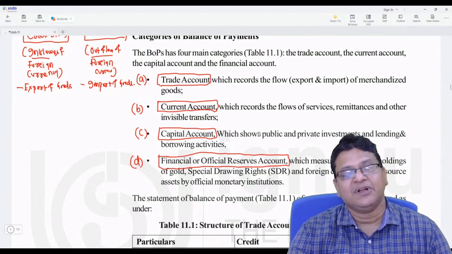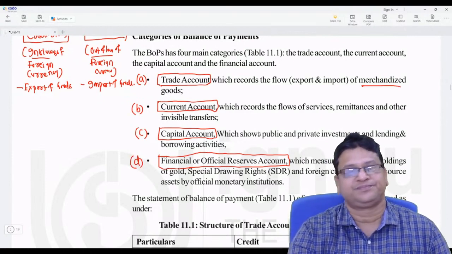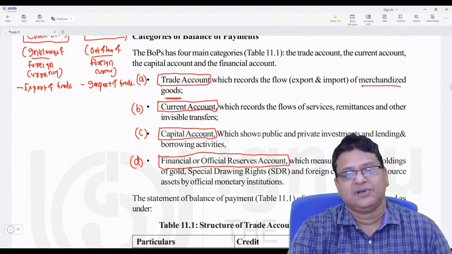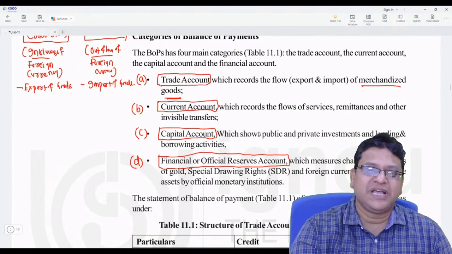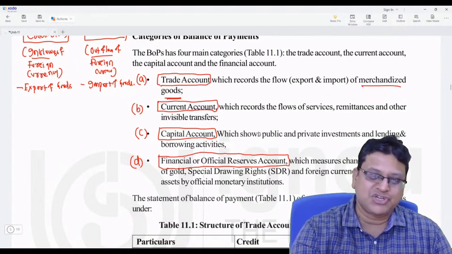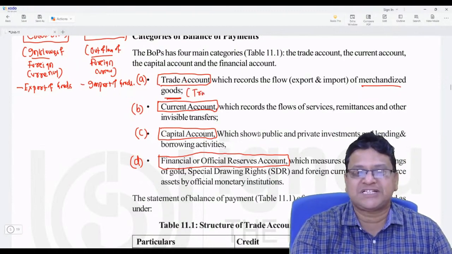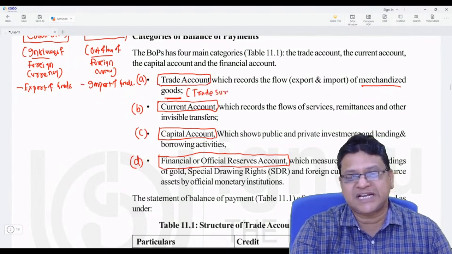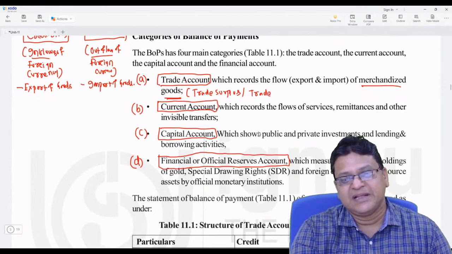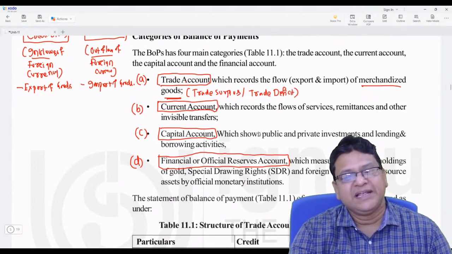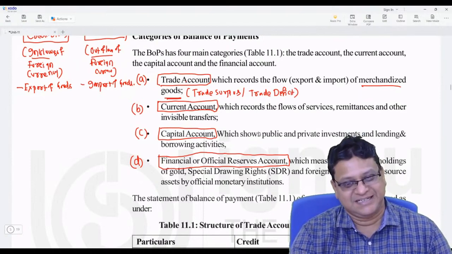What is trade account? Trade account records the flow of goods. The goods account is known as the trade account. So there can be trade surplus or trade deficit. What are trade surplus and trade deficit? Trade surplus occurs when a country exports more and imports less.